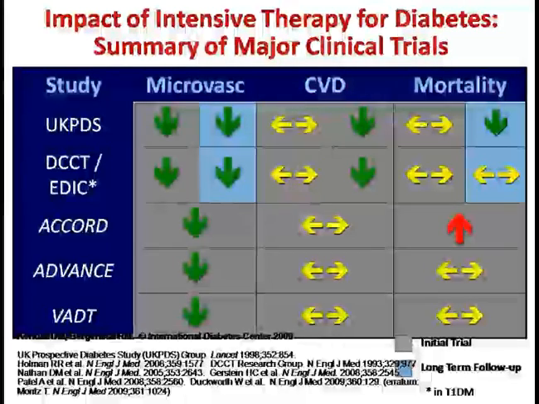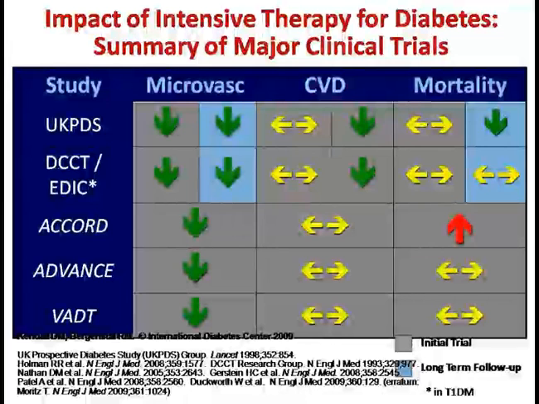These are the landmark studies that have shown clearly that good glycemic control can reduce or postpone microvascular complications. Then you have 3 landmark cardiovascular studies, ACCORD, ADVANCE, and VADT, and in these studies an attempt was made to almost normalize A1C.